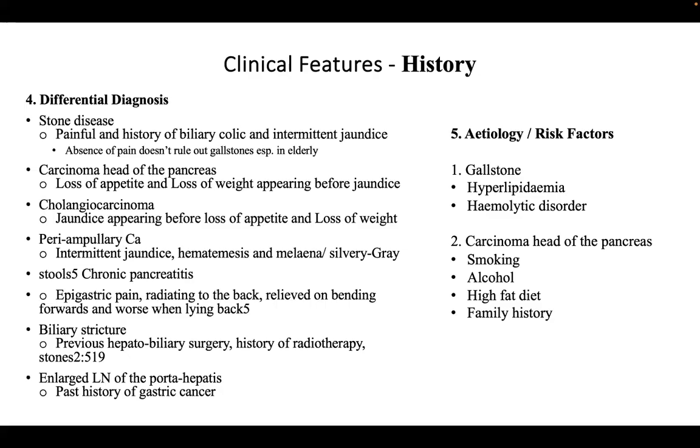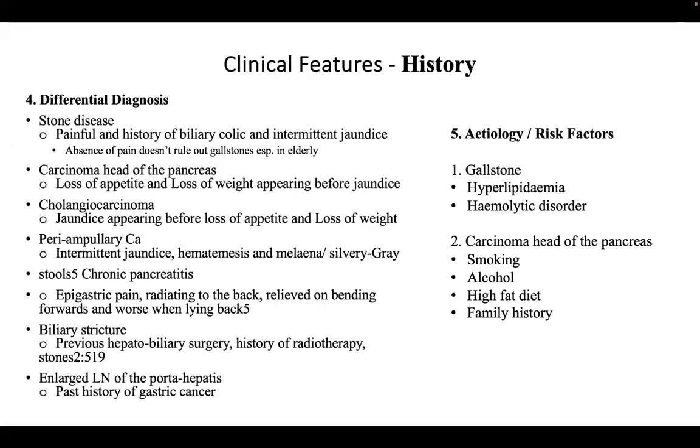Then you have chronic pancreatitis. Here you ask for epigastric pain, whether it radiates to the back, whether it's relieved by bending forward, and worsens when lying back. Then you need to exclude biliary strictures. Here you ask for any history of hepatobiliary stones and surgery, and ask if they have had any stones, because like I said, some consultants consider ERCP a cause for stricture.